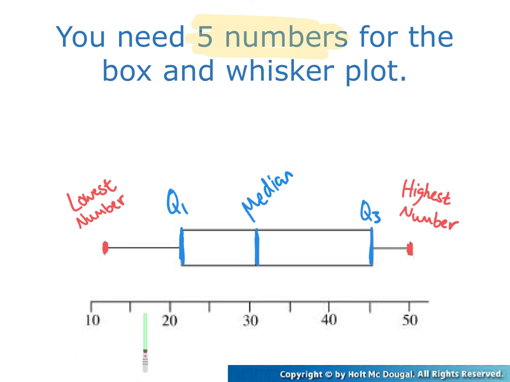I don't care if you space it out and do tallies, but if this lowest number was 12, just write a 12 down there. And then this might be a 22, this might be a 31, this might be a 45, and then this up here is 50. I care more about those numbers than you creating some kind of fancy number line.